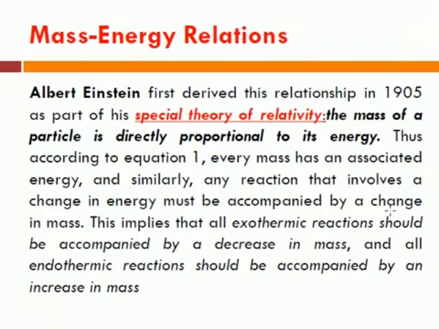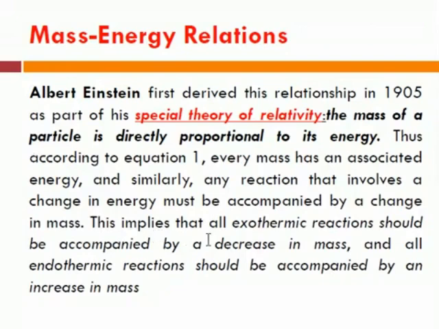Albert Einstein first derived this relationship in 1905 as part of his special theory of relativity. The mass of a particle is directly proportional to its energy, meaning, based on equation number 1, every mass has an associated energy. Similarly, any reaction that involves a change in energy must be accompanied by a change in mass.